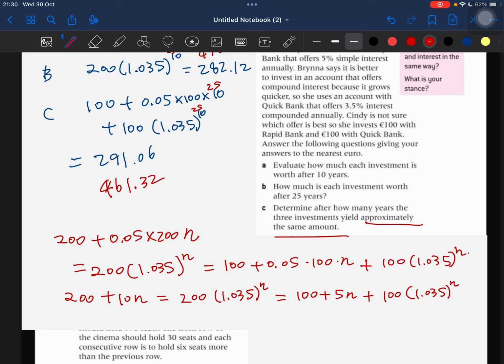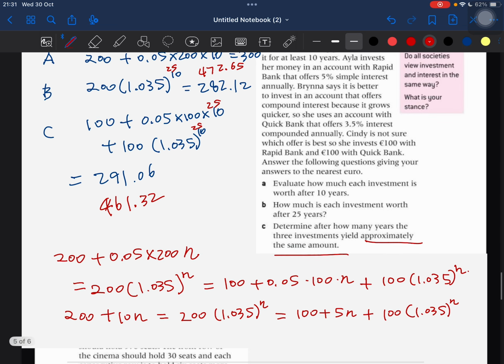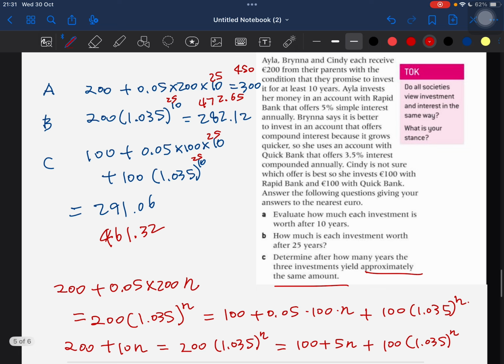200 times 1.035 to the power of x, 200 plus 10x, 100 plus 5x plus 100 times 1.035 to the power of x. So now we don't know how much it will be, but it looks like 300, 400, something like that.